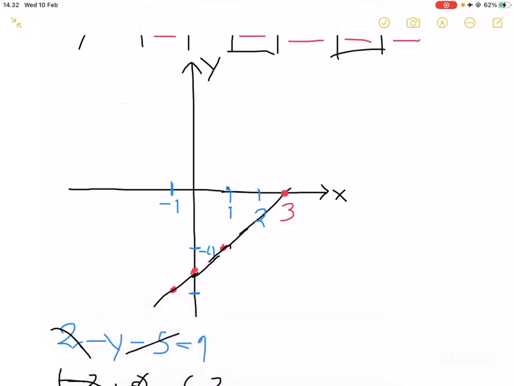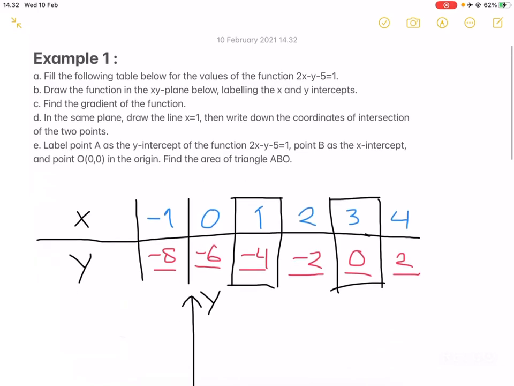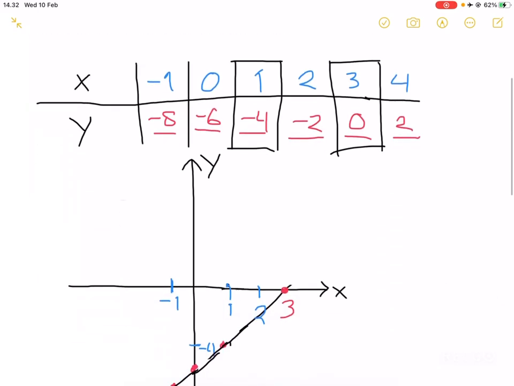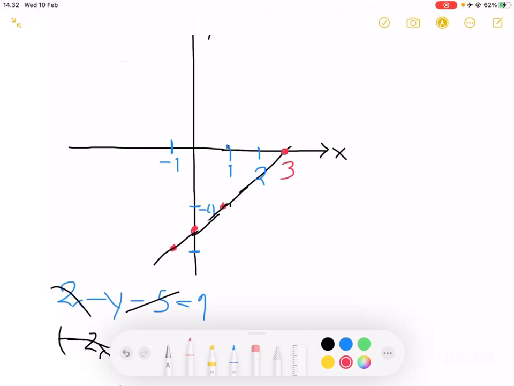Okay. So we need to label point A as the y-intercept of the function. So we know our y-intercept is right here, at 0, negative 6. The x-coordinate is 0 because it's on the y-axis, and anything on the y-axis has an x-coordinate of 0.